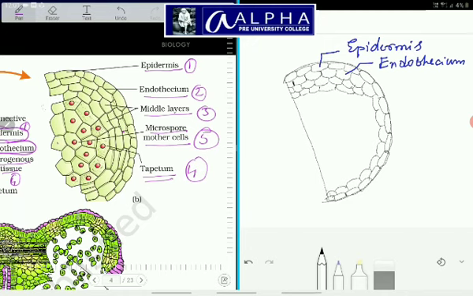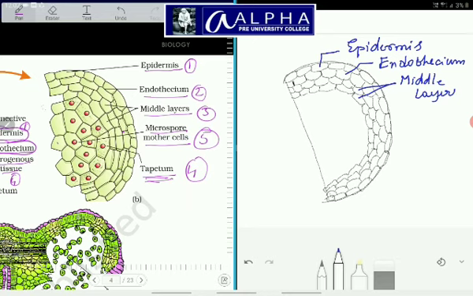So drawing the middle layers of cells is almost over. Yes, I have finished. Let me label this. What are these? Middle layers, this one and this one, middle layers of cells.